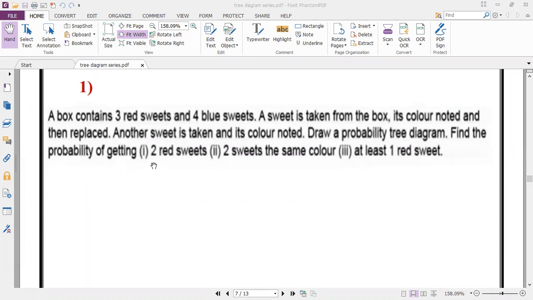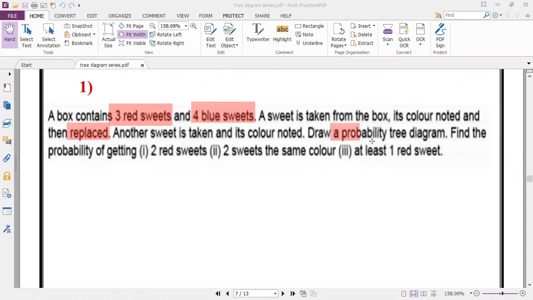Okay. This one here. A box contains 3 red sweets, 4 blue sweets. A sweet is taken from the box, its color noted and replaced. Another sweet is taken, its color is noted.